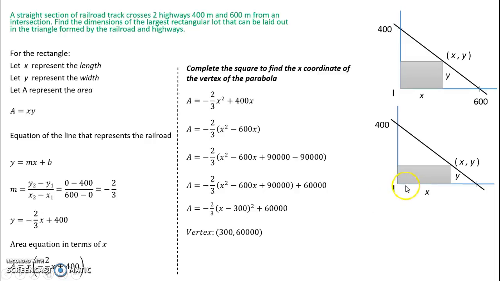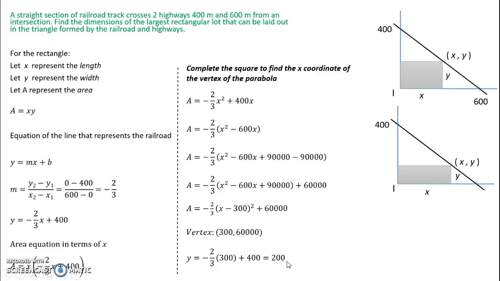So the length is 300. Now all we have to do is find the width. To find the width, we use the equation for the line and substitute 300 into x. From that, we get that the width is equal to 200.